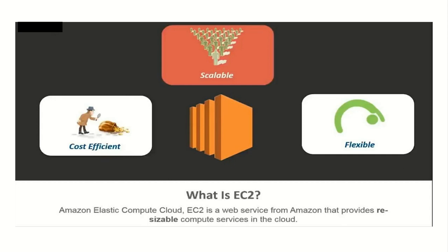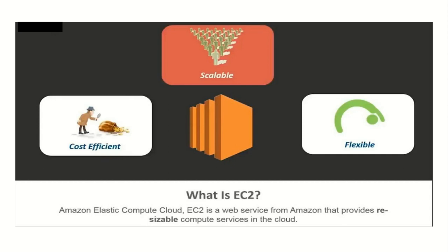That means our application can scale up and down, depending upon the data that we want to use on top of it. So if the traffic increases, we need more performance, so our application should be able to scale to those needs, right? That is what cloud computing provides us with, and that is what EC2 also provides us with.